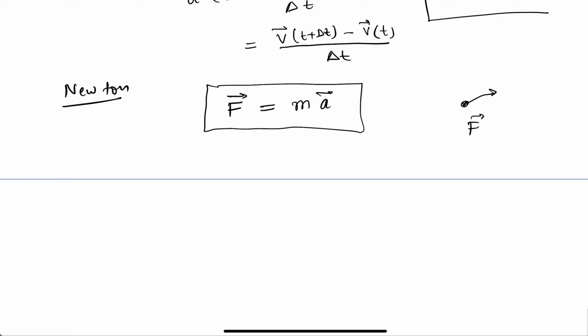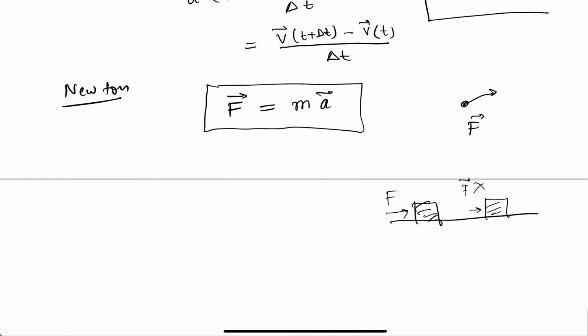If you just go out in nature and do this experiment, for example, you can take some object on a table, and if you apply a force, the object moves and goes to a different place. And the moment you stop applying force to the object, if there is no force, then the object stops.